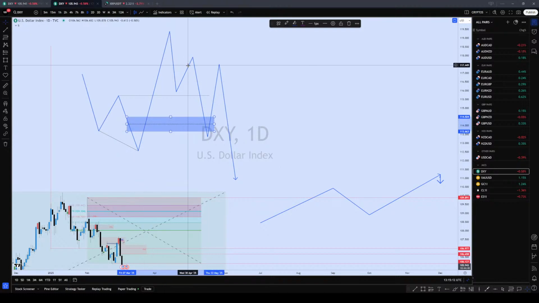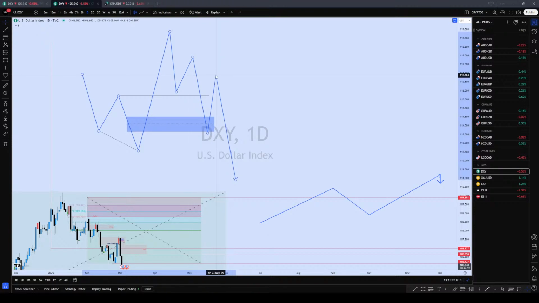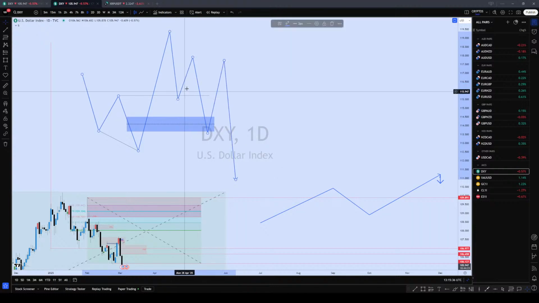Now if price is coming down and you are anticipating it to go lower, aka the dollar index, we were anticipating it to go lower, not higher. When it gets to that gap, you're gonna anticipate them running up. That up movement most of the time will take out some form of a high.